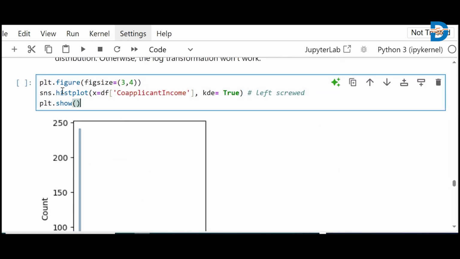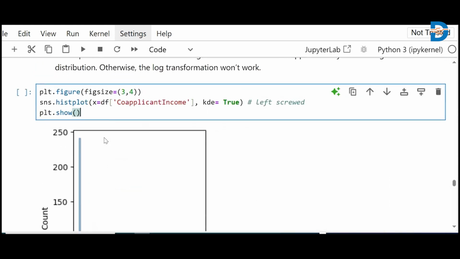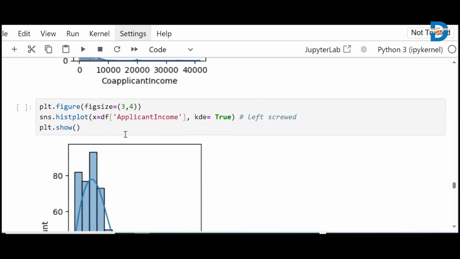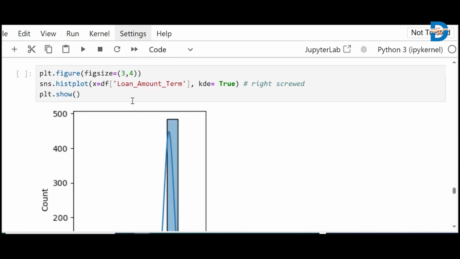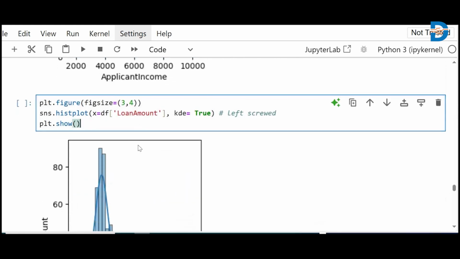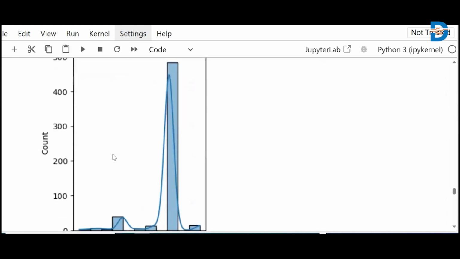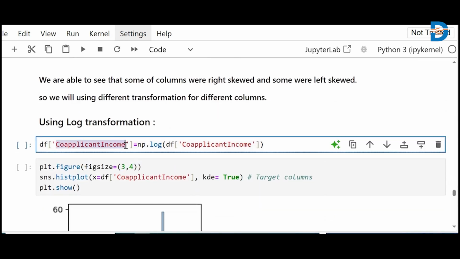Here you can see we are giving a hist plot for co-applicant income. So what is our observation? It is skewed. These are the other columns on which I have given it a try, and we observe that most of the columns are right skewed or left skewed. Our main focus is on co-applicant income. So let's apply logarithmic transformation.